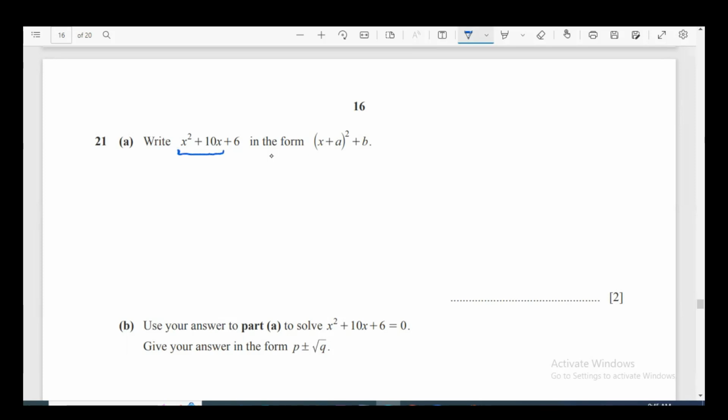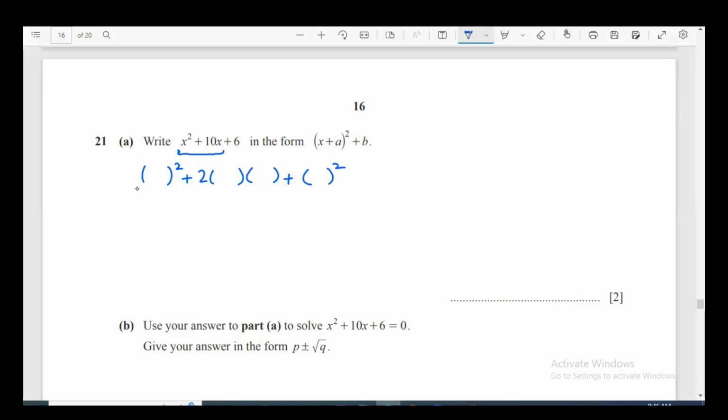So the method is to focus on the first term and second term, which are x square plus 10x, and try to convert it into the identity a square plus 2ab plus b square.